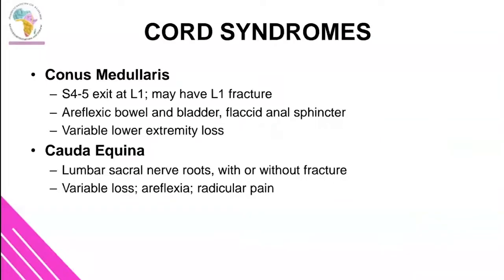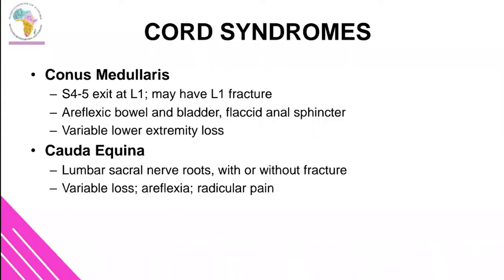Then there is the conus medullaris syndrome, which is due to injury to the lumbar and sacral cord segments, between S4 to S5, which exit at L1. The patient might have a fracture at this region.